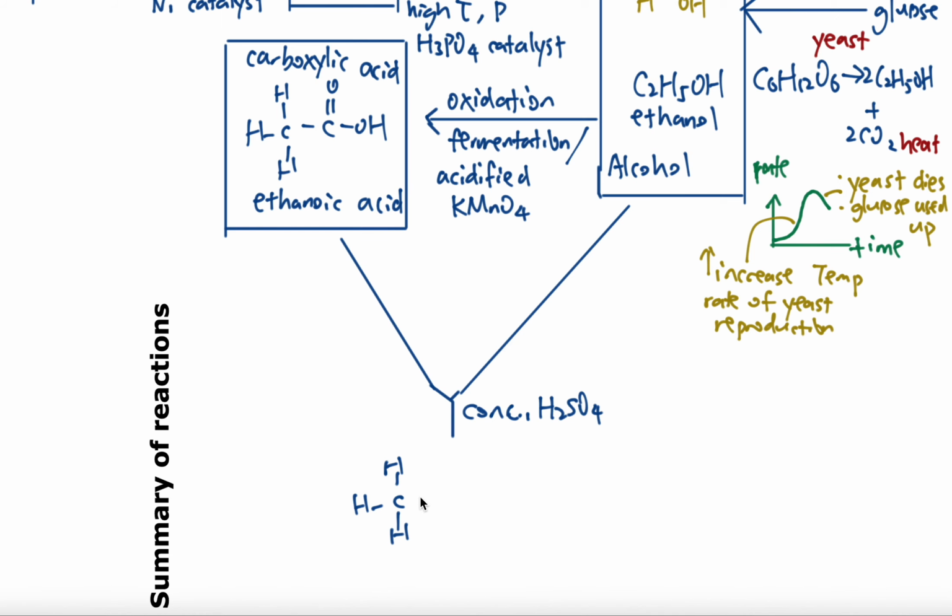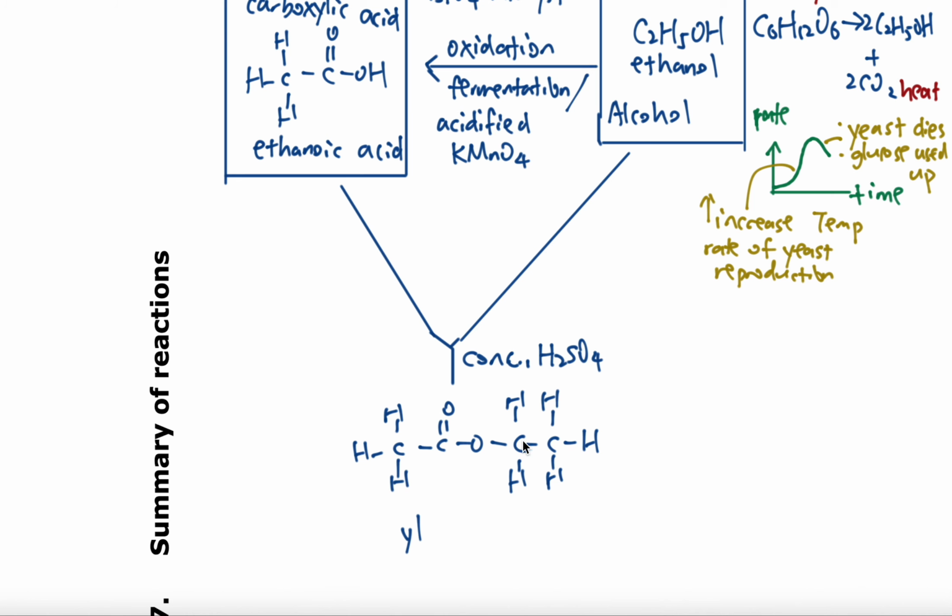And we can split up the ester into two components. One component comes from the carboxylic acid, and the other component comes from the alcohol. The part that comes from the alcohol is the alkyl part. It ends with yl because it has two carbon atoms. It's an ethyl group. And the other part comes from the carboxylic acid, and that's the group ending with oate. And that's ethanoate. And this is an ester.